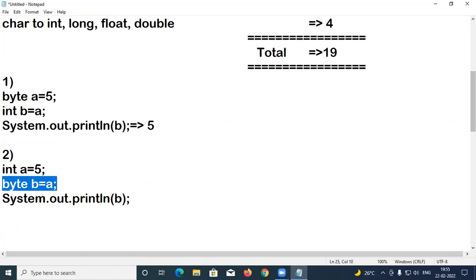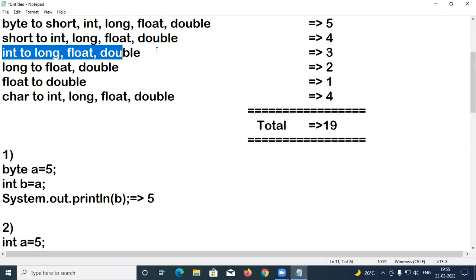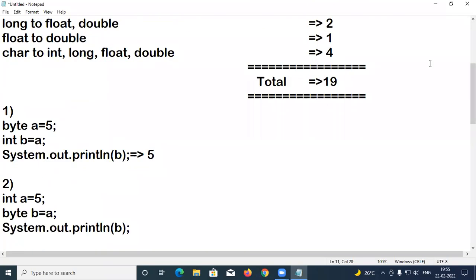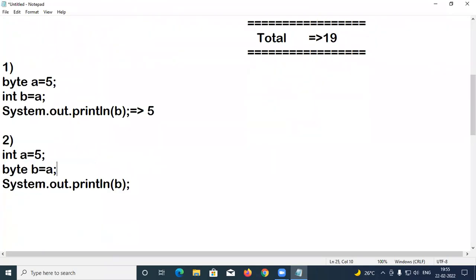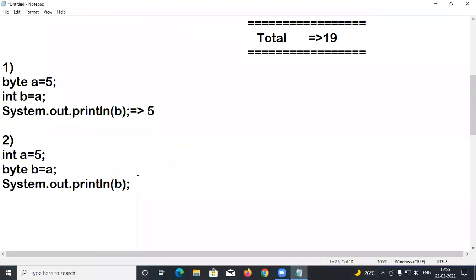Does it come under the 19? No, it comes under the 23. So this is an error. Int to byte is an error in Java. It is not valid. In this line, you'll get an error.